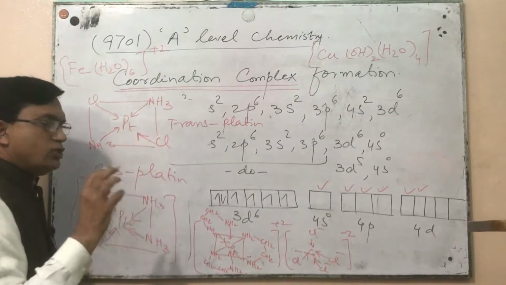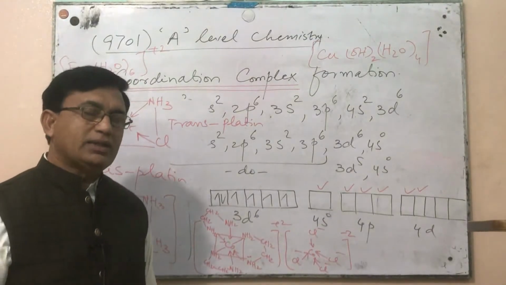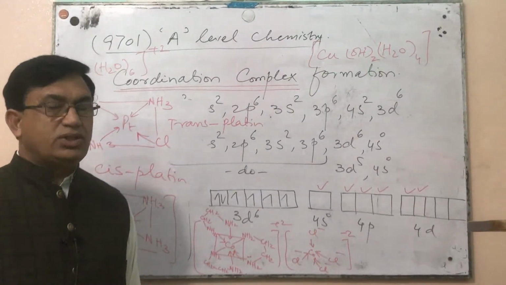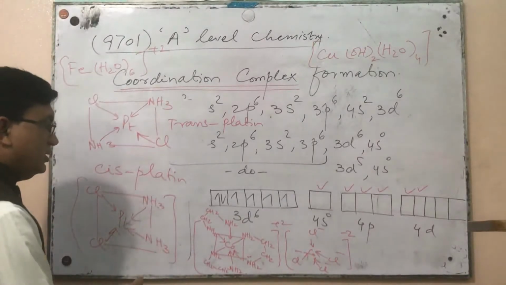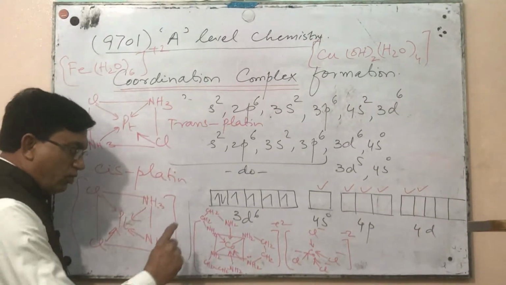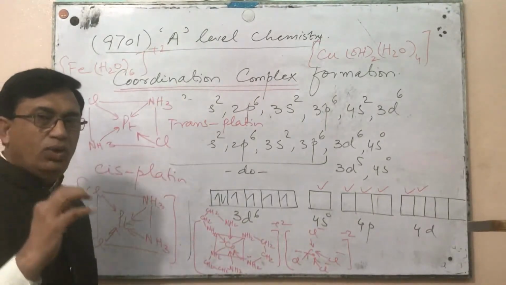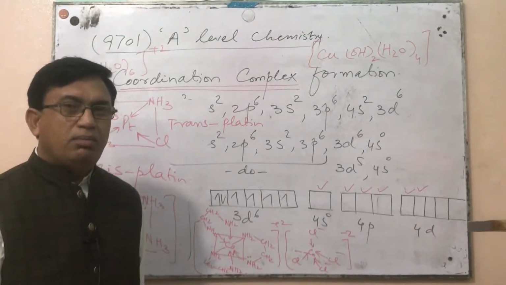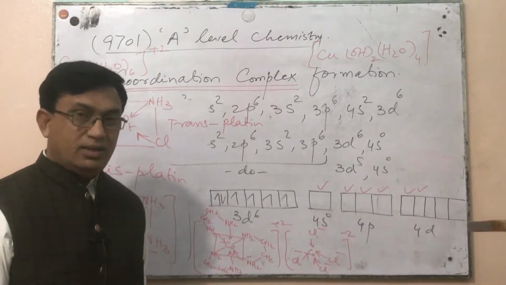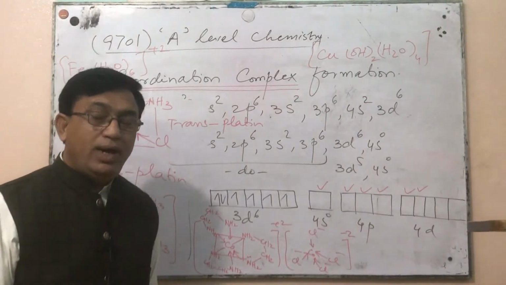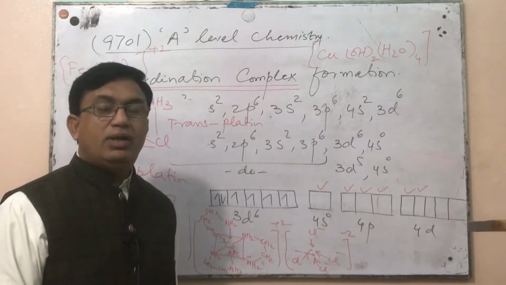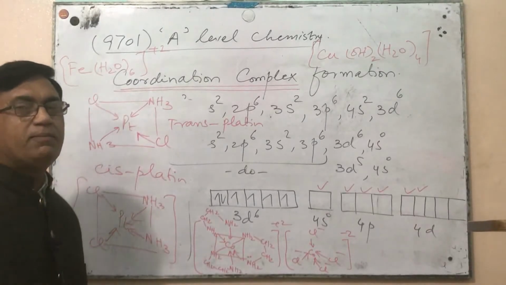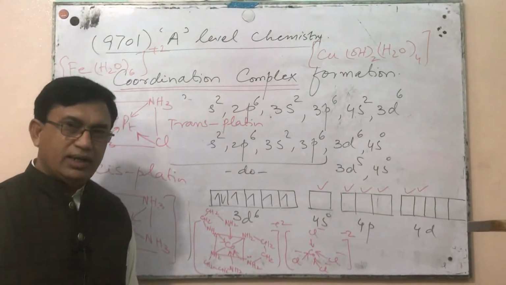Geometrical isomerism will appear only if the complex has a square planar structure. And stereoisomerism will be observed only if the complex is formed by bidentate or polydentate ligands. With monodentate ligands, complexes will not show stereoisomerism. This is the property of only bidentate or polydentate ligands.